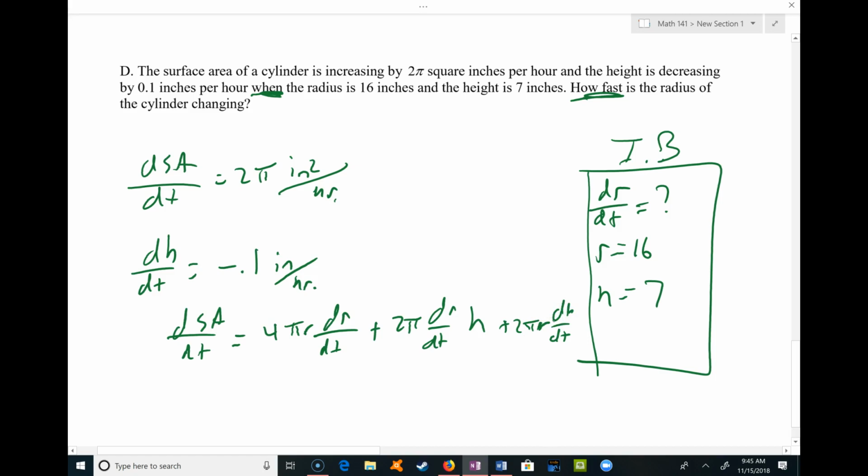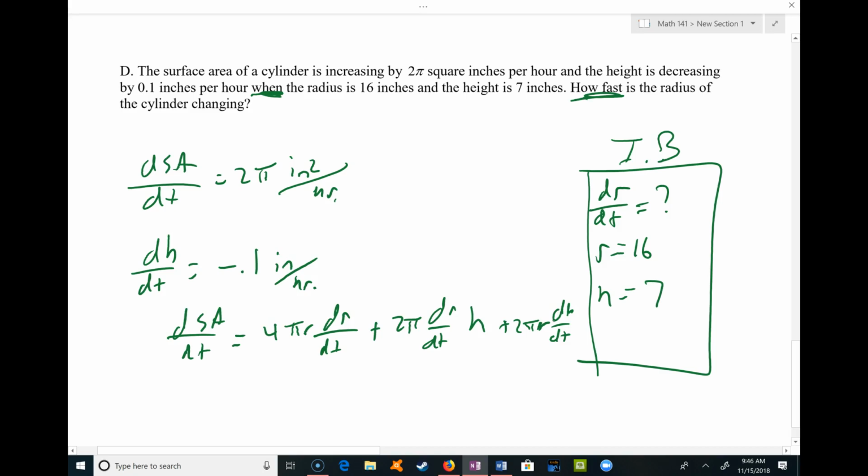Now what do I do? I don't set it equal to 0. That's the optimization problem, right? What do I do now? Plug in everything that I know and solve for what I don't know. So I can replace r with 16, I can replace h with 7, I can replace dh dt with negative 0.1, and I can replace dSA dt with 2 pi. Put all that stuff in, and I just do some arithmetic to find the answer.